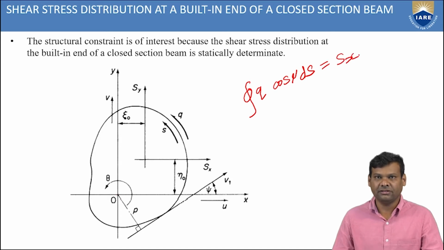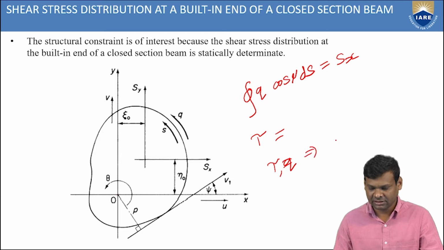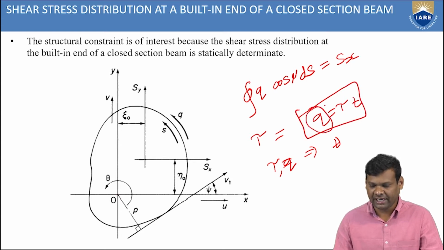Let us look how it is. For example, tau is the shear stress per unit area, and the relation between tau and Q is given as Q equal to tau t. This is the relation between shear flow, shear stress and thickness.